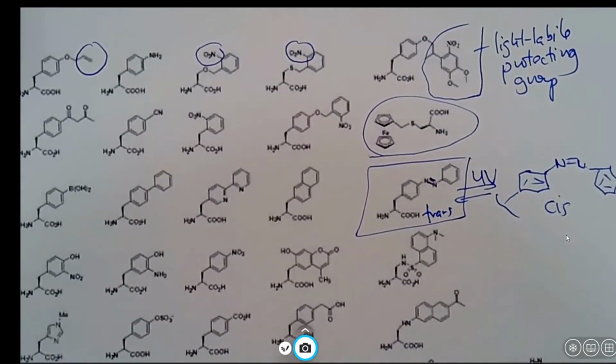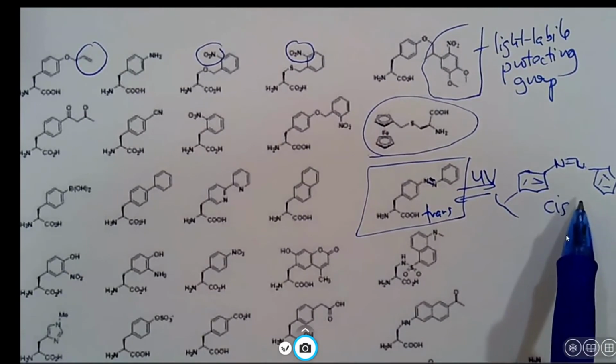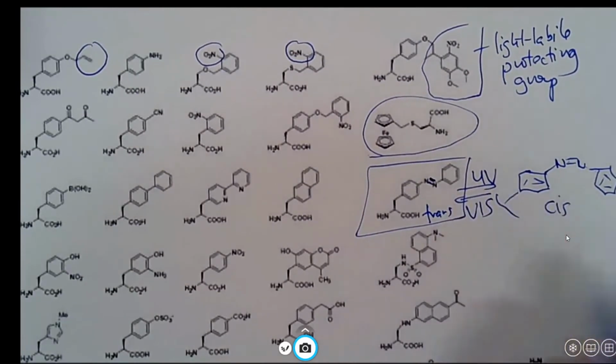So this will flip to cis from trans, and then visible light can revert it back. So you could have a molecule, like a protein, that adopts one conformation in the presence of UV light and a different one in the presence of visible light. So you could potentially alter the structure and function of that protein and control it.